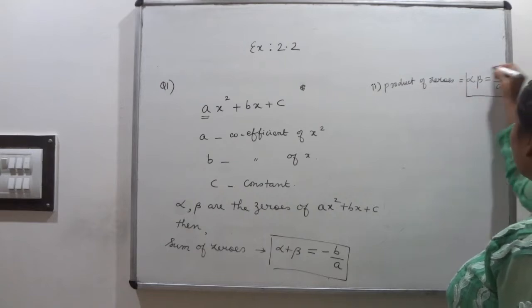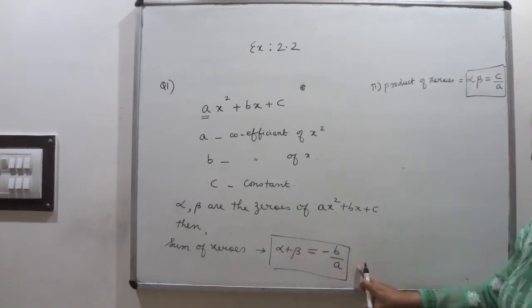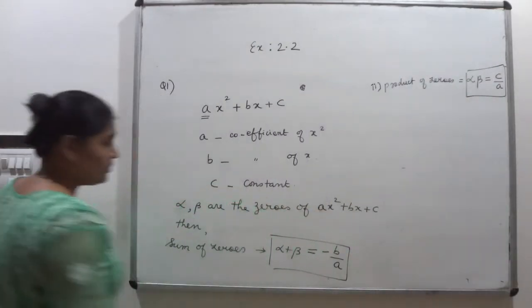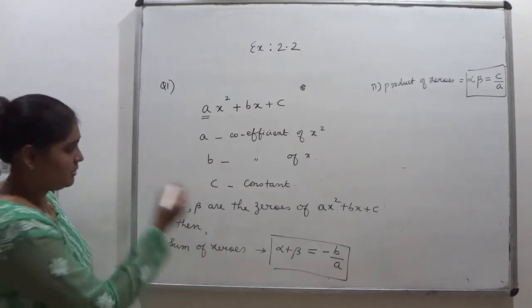Product of zeros is c upon a, sum of zeros is minus b by a. You have to remember this. This is the relationship between zeros and coefficient.